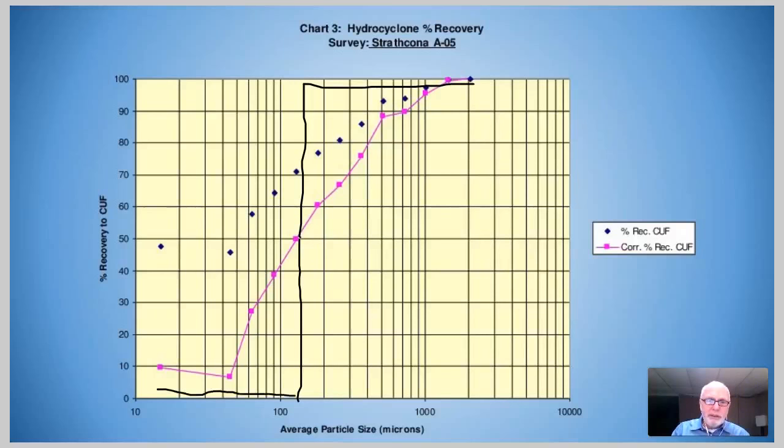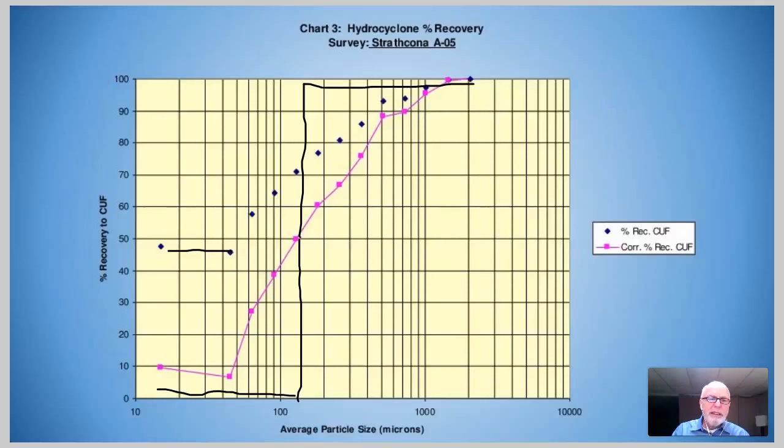So from the dark blue points, you can see that the actual separation performance of a hydrocyclone is far from perfect. The greatest cause of the imperfection is the bypass fraction. You can see that these fine points, the recovery of the finer size fraction, levels off in this case at around 45%.